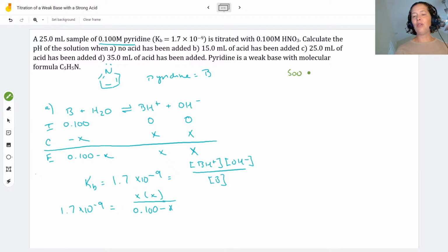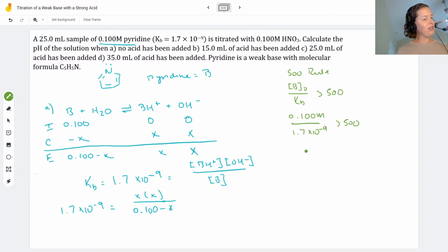So I'm first going to do my 500 rule, which is my initial concentration of base over my KB should be greater than 500. So my initial concentration is again 0.1 molar. My KB is 1.7 times 10 to the negative ninth. Again, we want that to be greater than 500. And when I do this calculation, I get a very large number, times 10 to the seventh.